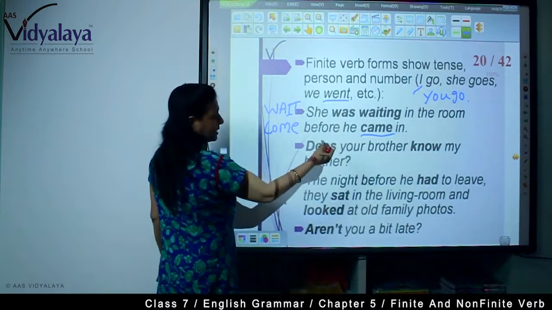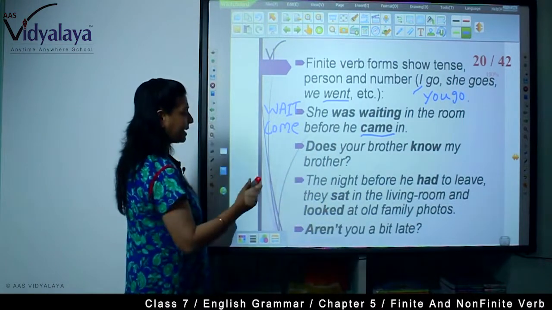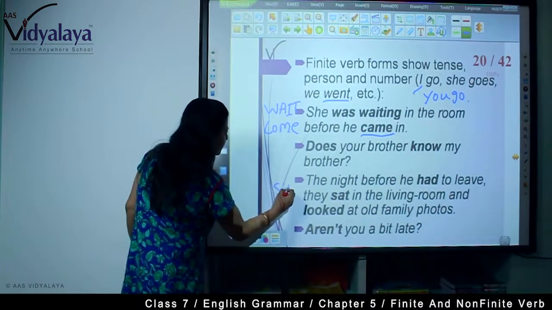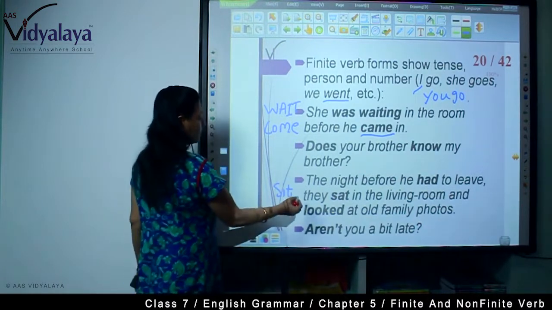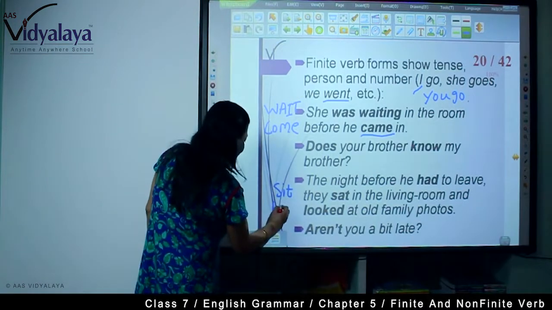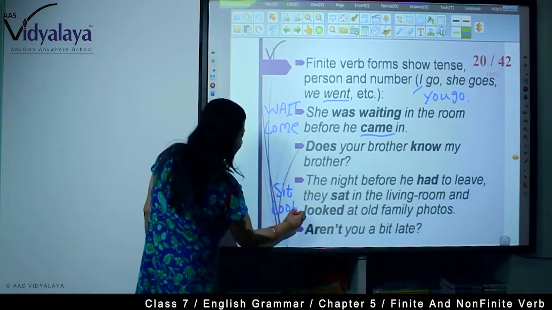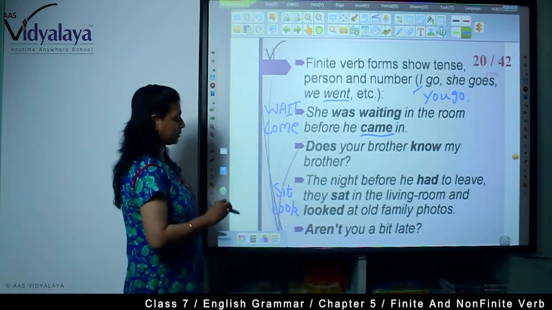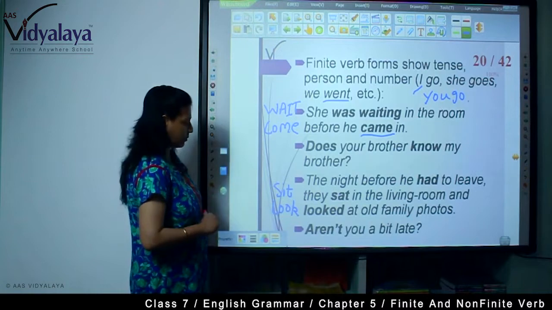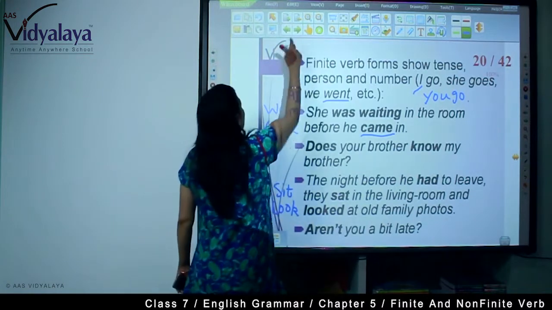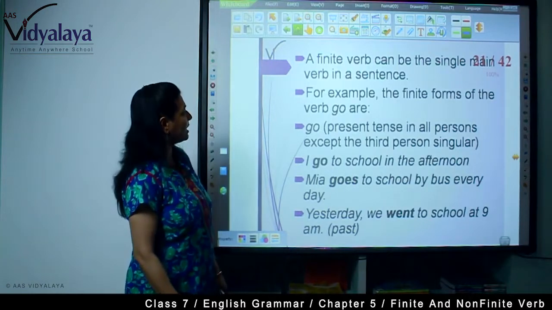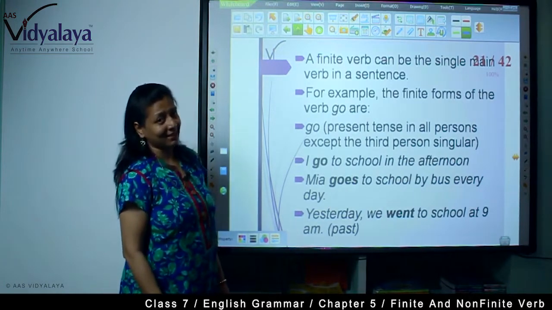Sit is a finite verb and with plural and past it has become sat. And look is a finite verb. It has changed into looked because this is past. In perfect also we write the third form of the verb.